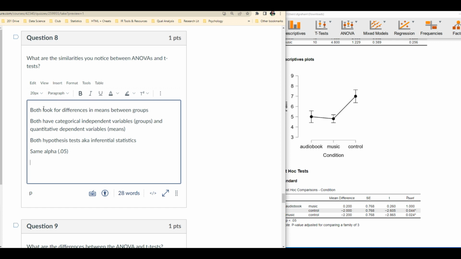And given that they're both looking for differences in means between groups, both have a null hypothesis that there's no difference between groups. An alternative is there is a difference between groups.